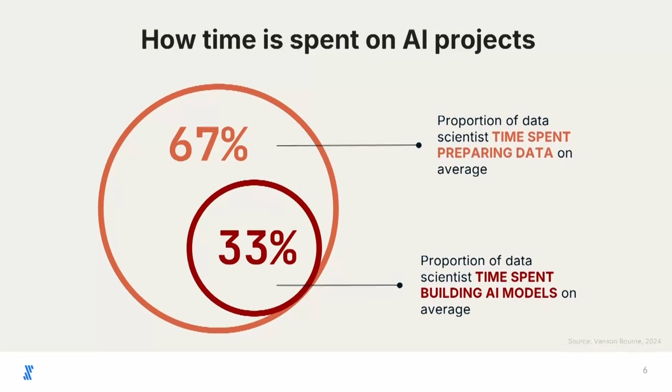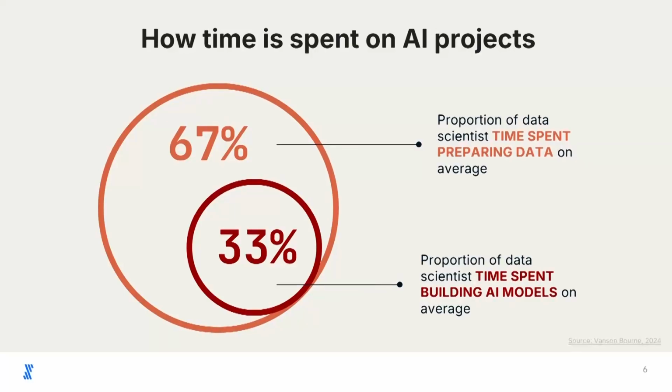So some stats here from our group, a couple of different research firms, I think this is from IDC, in terms of where time is being spent on AI projects. And I was kind of surprised, but not surprised, to see these stats here. 67% of the time is being spent just preparing the data for AI. In some cases, this is just working on data pipelines, trying to get stuff out of applications, maybe figuring out different ETL strategies.